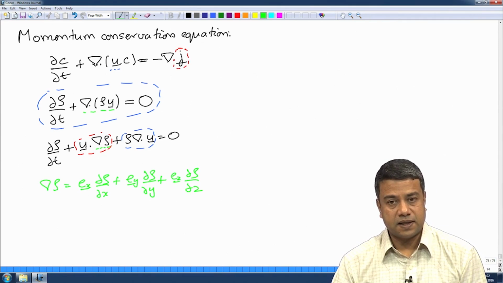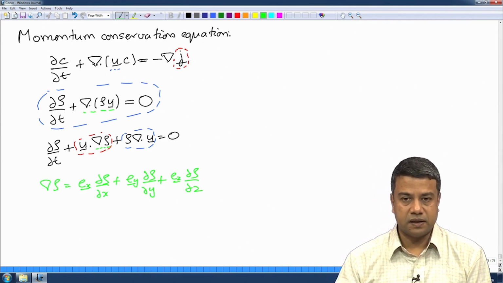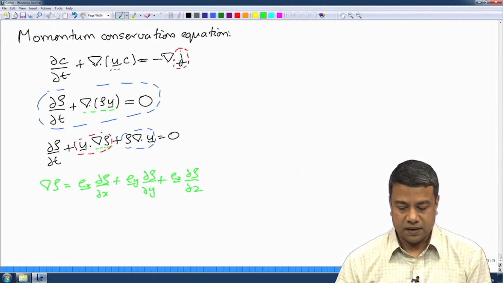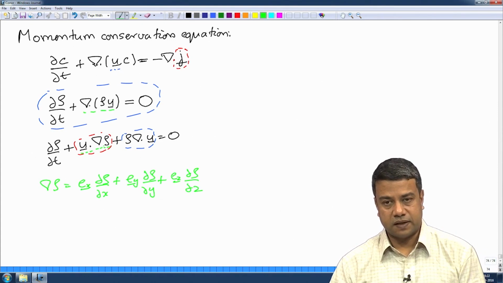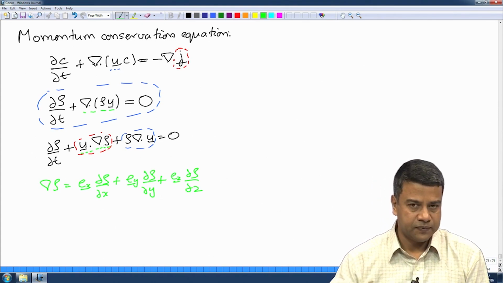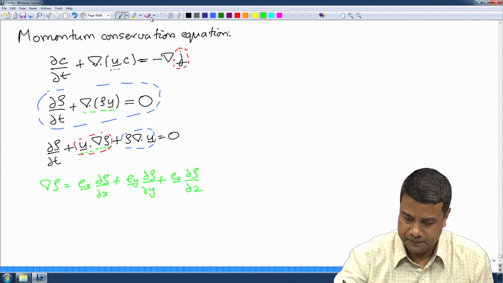It is acting on the density, it is a gradient operator. When you operate on the density, you get a vector. That vector is now being dotted with the velocity, which is also a vector to give you a scalar. So, you have the dot product of two vectors basically giving you a scalar.